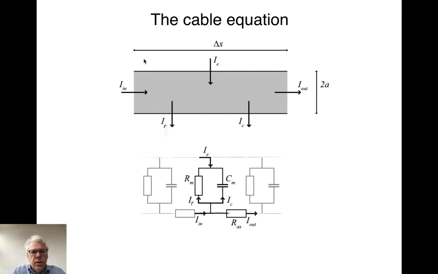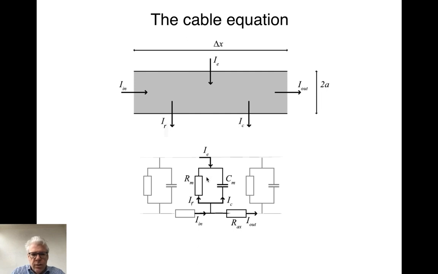So this is a cylinder, and the length is delta x, and we have indicated the 5 currents: a current on the left side that enters the axon, a current on the right side that leaves the axon, the possibility to apply an external current, and 2 other currents that essentially leave the axon towards the outer part, the extracellular space, which are the resistive current, IR, and the capacitive current, IC. And this is the corresponding electrical circuit of this little part of the membrane.